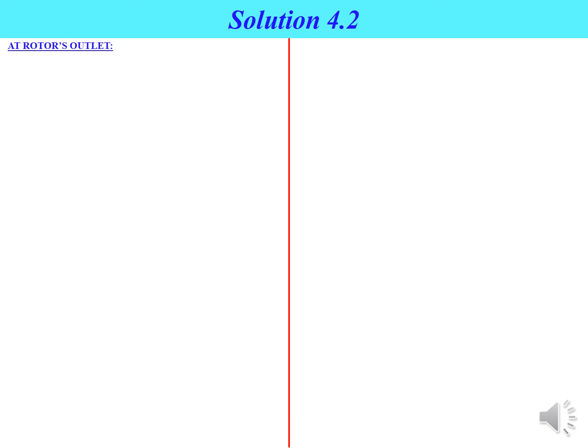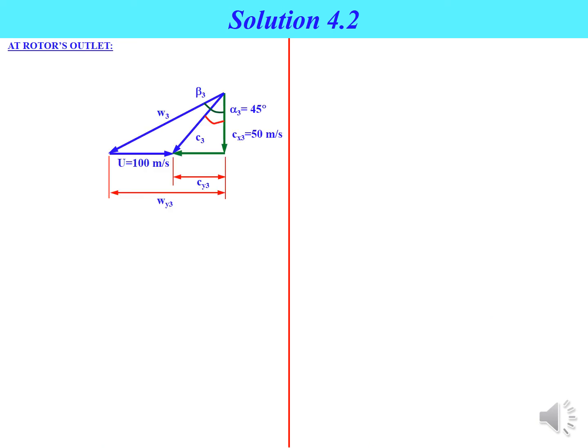Okay, at the rotor outlet, the figure shows the velocity diagram at the rotor outlet. So in terms of data given, we have U value 100 meter per second, alpha 3 equal to 45 degree, Cx3 equal to 50 meter per second, and we need to determine beta 3, W3, C3, Cy3, and also Wy3.